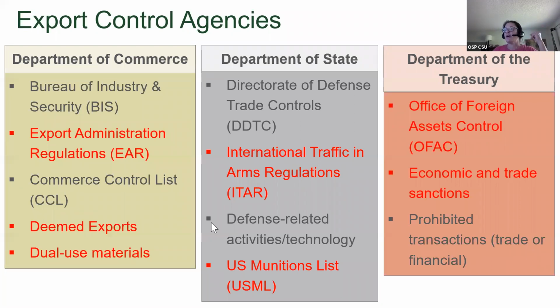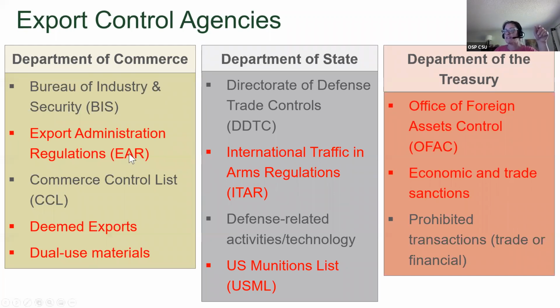Okay, Department of Commerce deals with commercial goods that could also have military applications. So the dual use material. So dual use material is an item with potential military use.